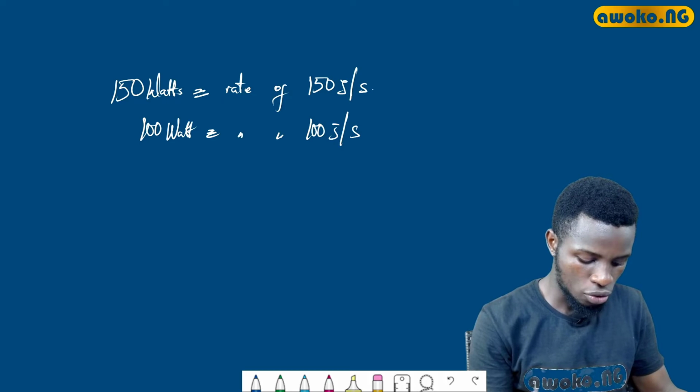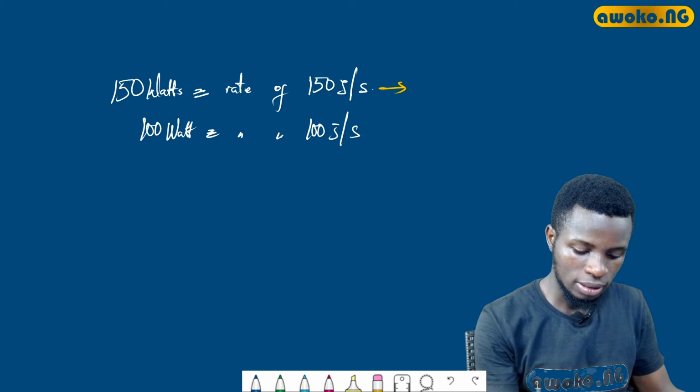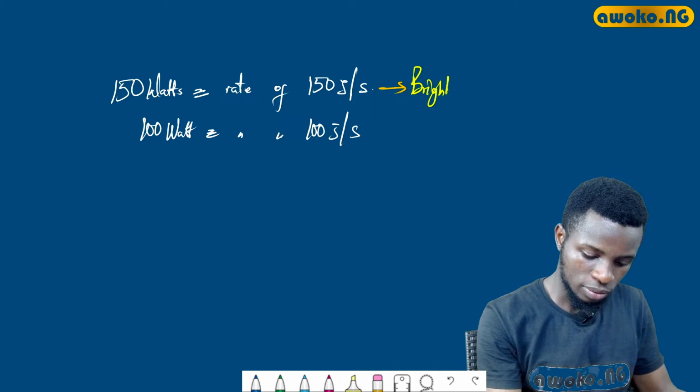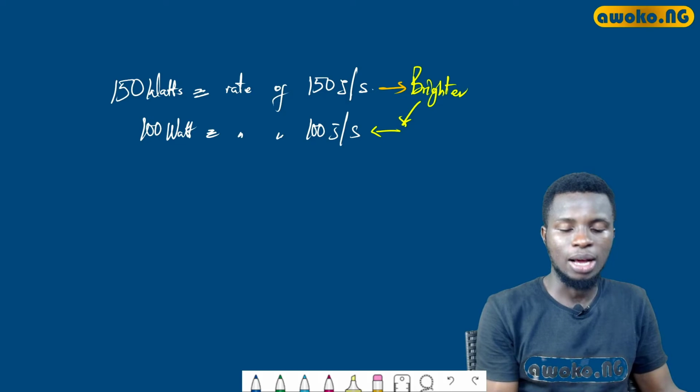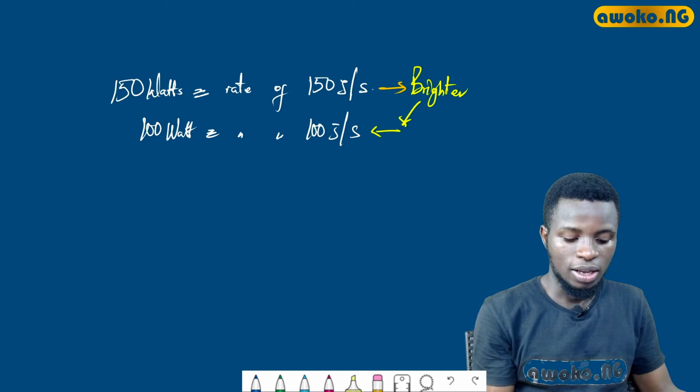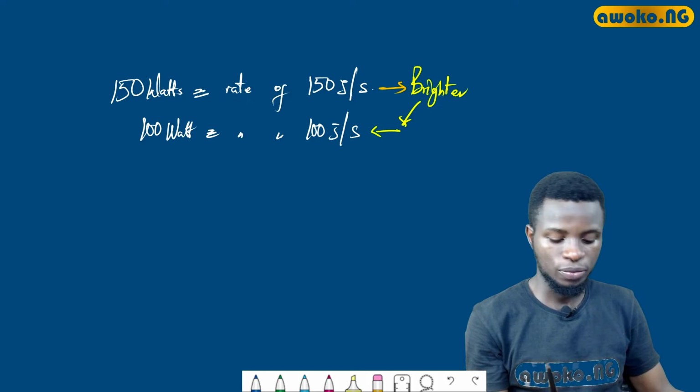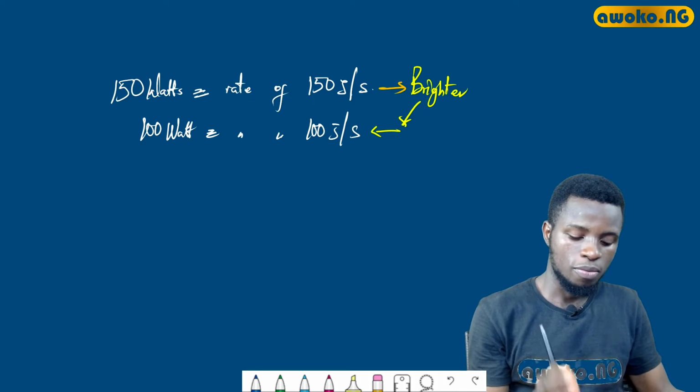So the light here will be brighter than that of a lamp that produces energy at a rate of 100 joules per second.